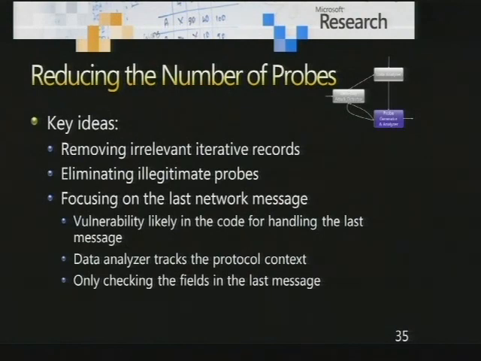The reason is that, given a message sequence that triggers the attack, most often the vulnerability sits in the code for handling the last message. And the data analyzer can track the protocol context, so that we only care about saying the protocol state is this and the message looks like that, so that will trigger the vulnerability. And so we're only checking the fields in the last message.